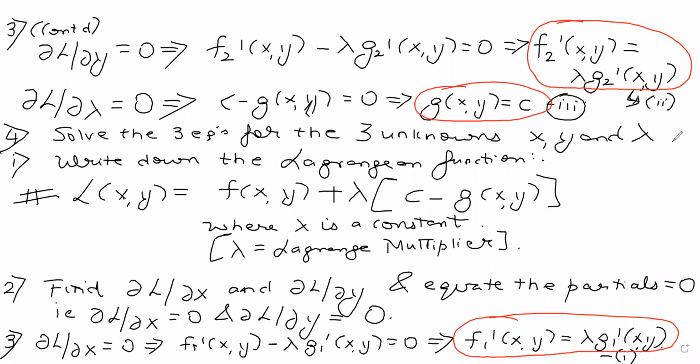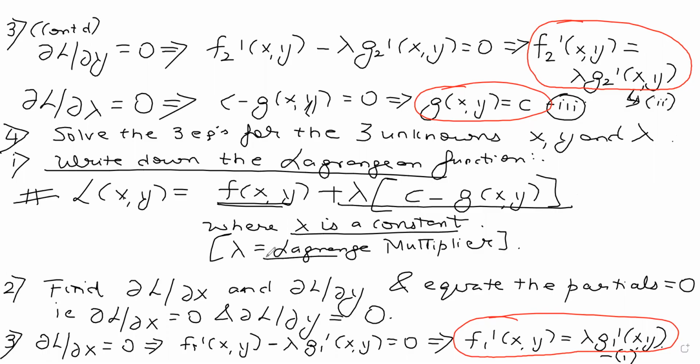So if I quickly revise the steps: the objective is to use the Lagrangian method to solve the simple two-variable constrained optimization problem subject to an equality constraint. Step number 1, you define the Lagrange function, which is f of xy plus lambda times c minus g of xy, where lambda is a constant, also called the Lagrange multiplier. Step number 2, you find del L by del x and del L by del y and equate them to 0.